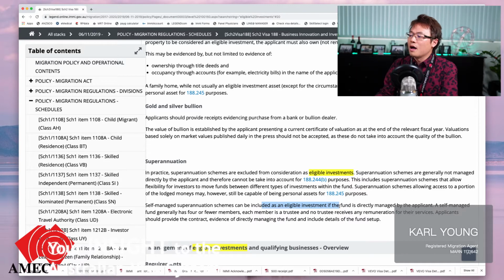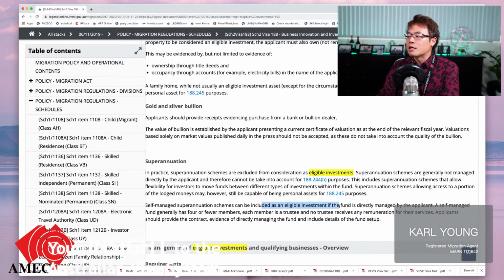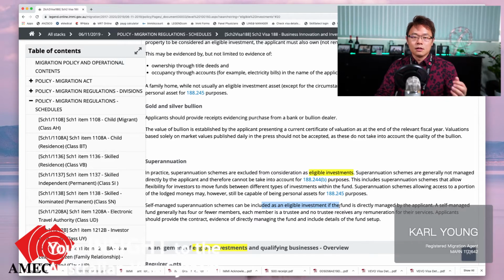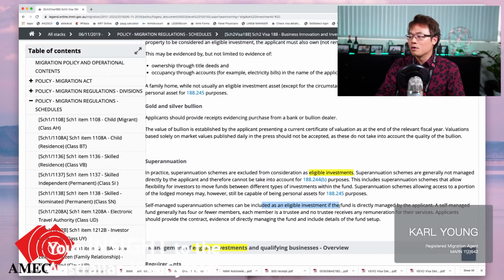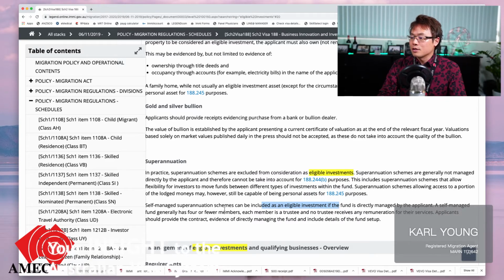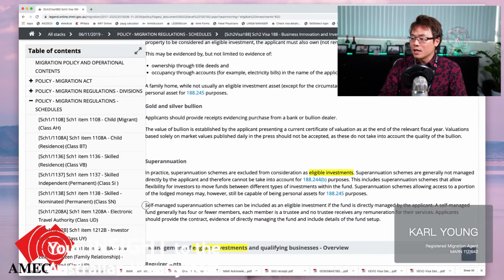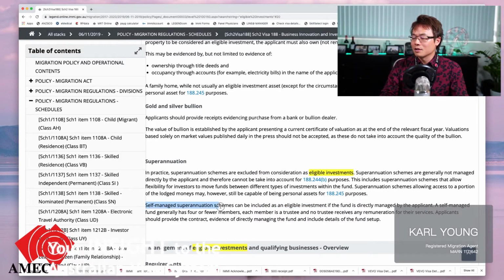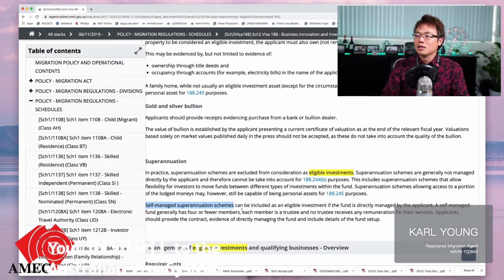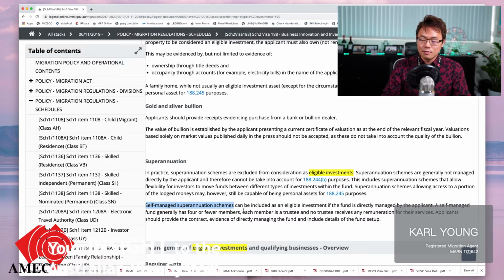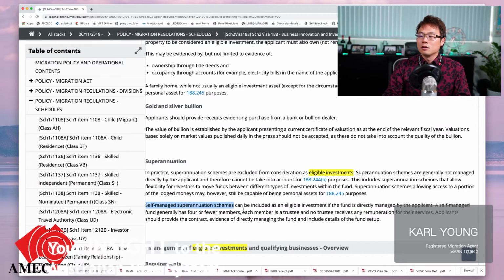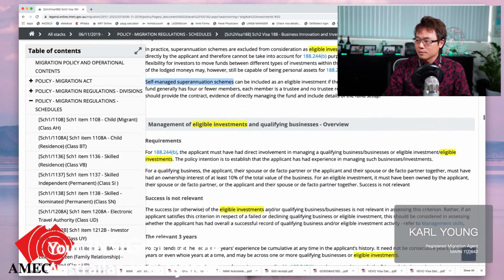However, this kind of scheme is not available in a lot of different countries, so unless your country allows a self-managed superannuation scheme, you obviously need to have documentation to prove this.